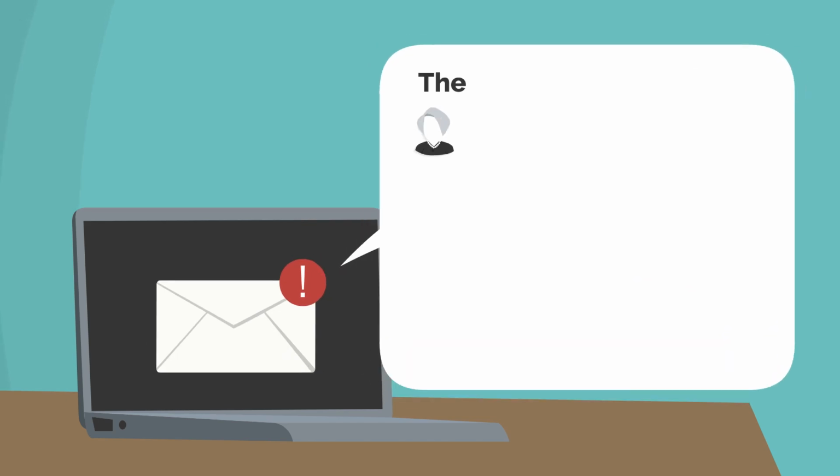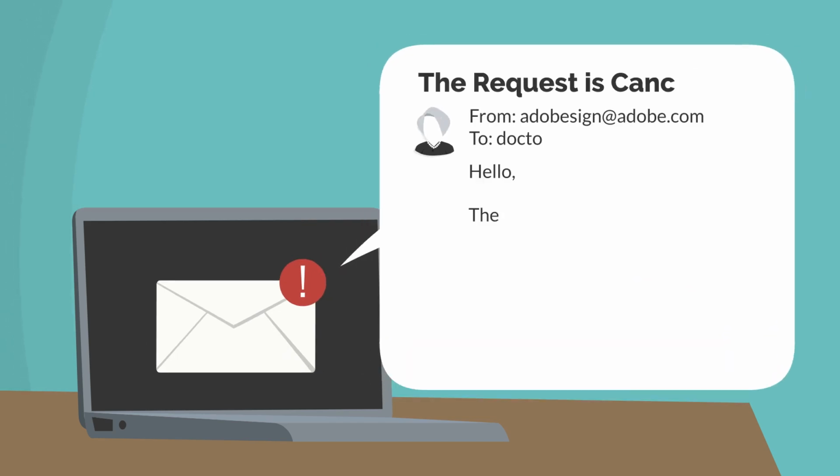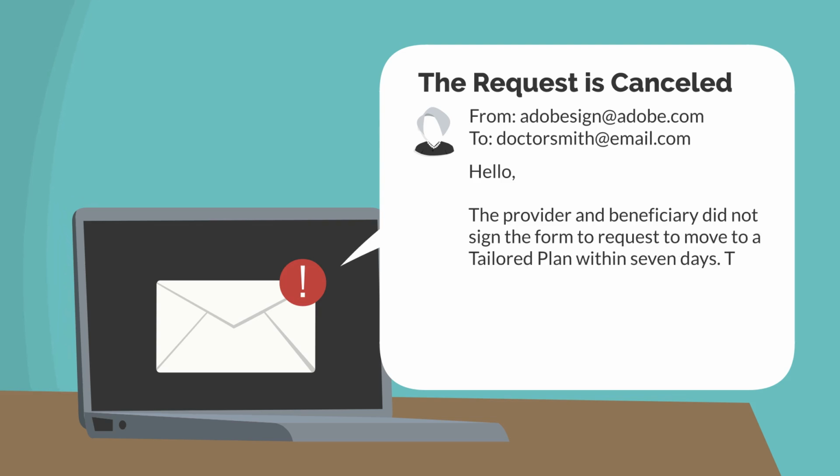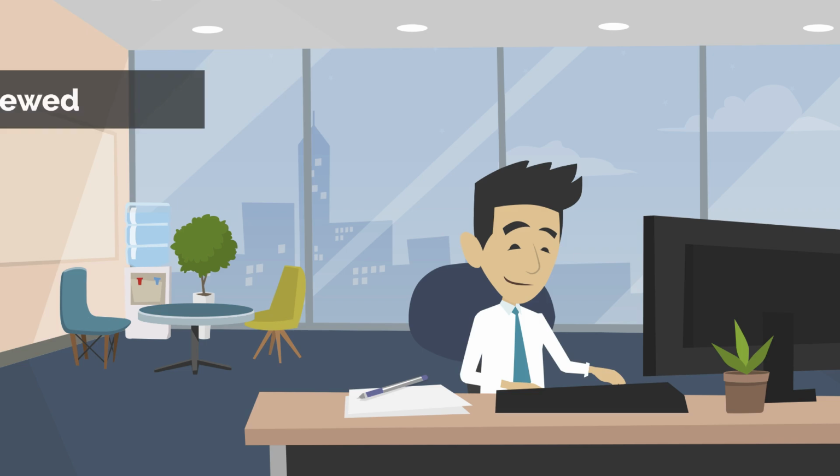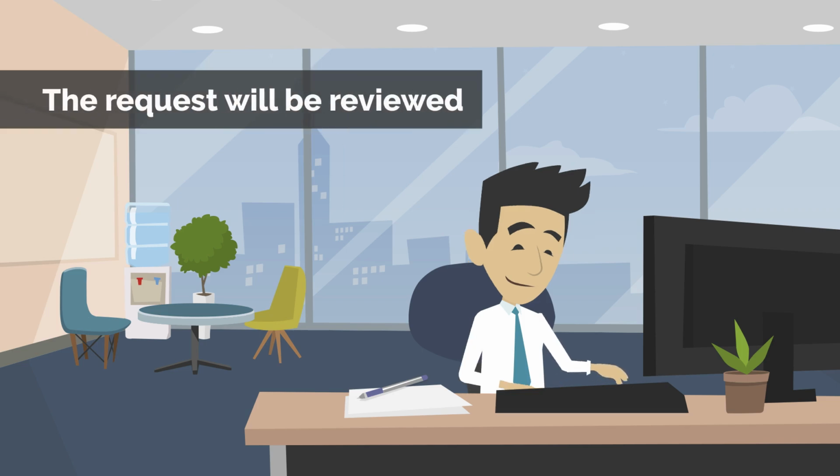If you and the beneficiary do not sign and submit the form by the 7th day, the request will be canceled. A new request will need to be submitted if the beneficiary still needs services only available in a tailored plan. Once the document is digitally signed by you and the beneficiary, the request will be received and reviewed.